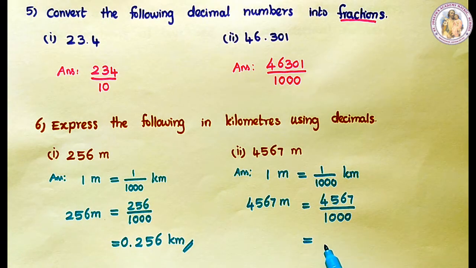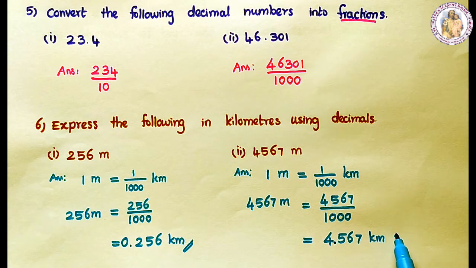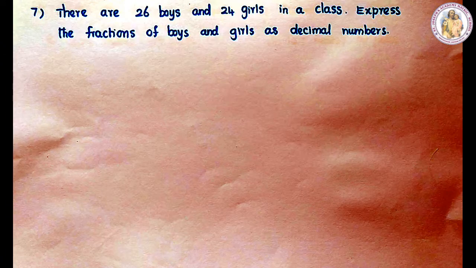Now write in the decimal form. Write down the number. Here in denominator 3 zeros. So before 3 digit we have to keep the point. So 1, 2, 3. Before that we have to keep that. So 4.567 kilometer. That is the answer.